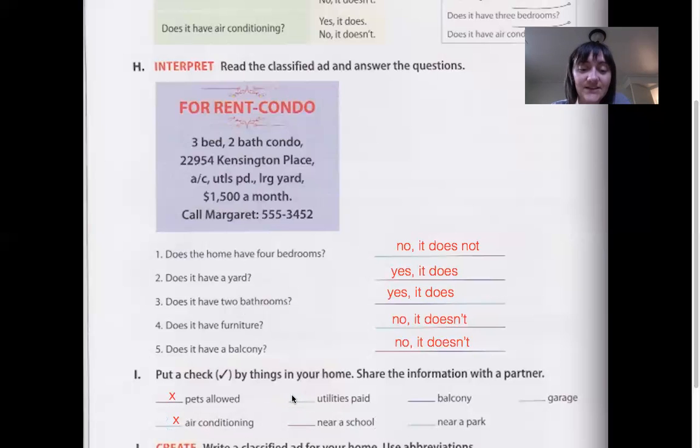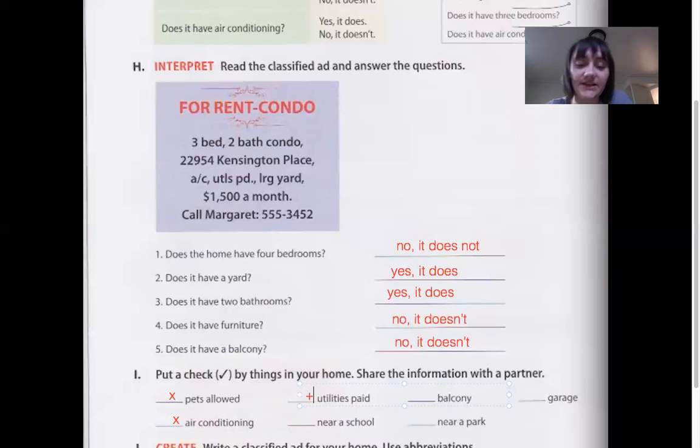All right, the next one is utilities paid. Are your utilities paid? Mine are. I'm very lucky. When I pay my rent, I pay one price and it pays my utilities. I don't have to get a bill for me to pay my utilities. So that one is a yes.